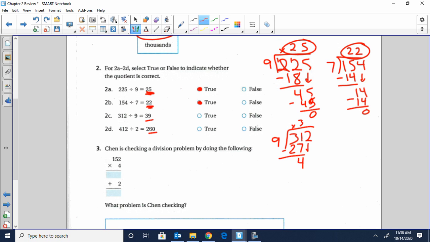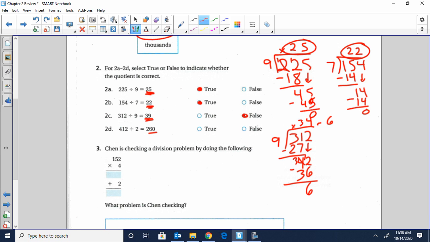Bring down the 2. 9 goes into 42 4 times, because that is 36. And when I subtract 42 minus 36, I should get 6. And that means there's a remainder here. Therefore, it does not give me 39. That is a false statement.